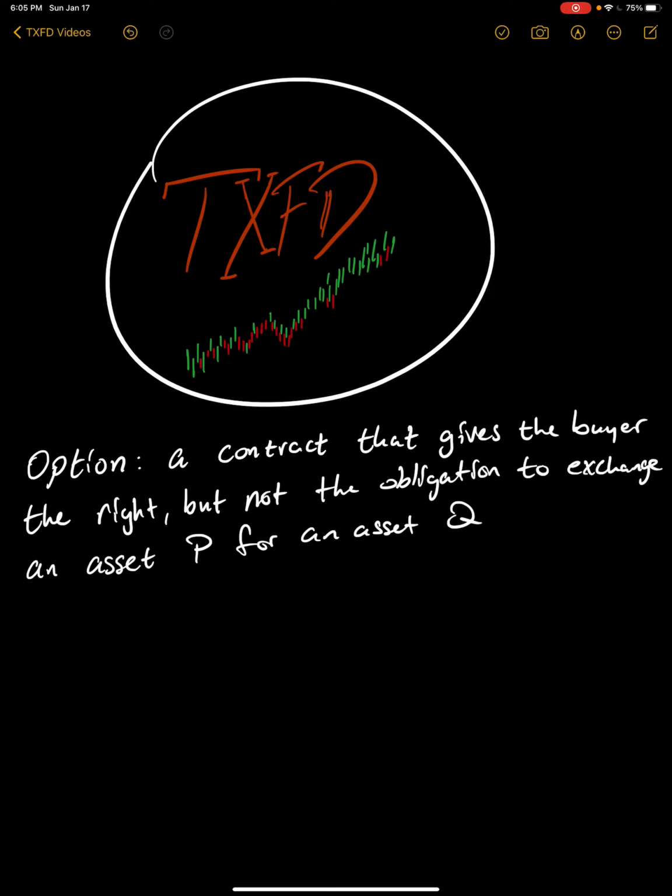They can be two different currencies like dollars and euros. They can be currency and stock. They can be just about anything you want them to be. So we're exchanging an asset P for an asset Q at a time determined by the contract.